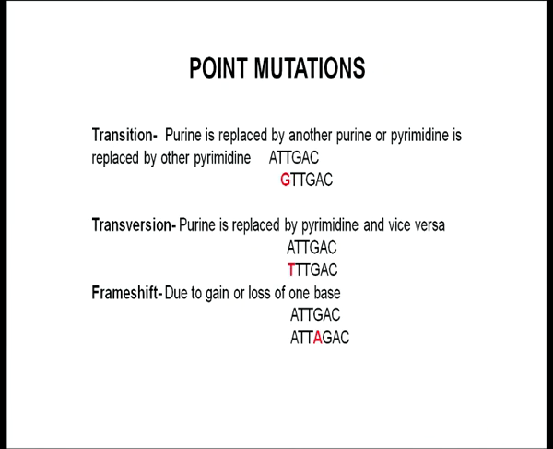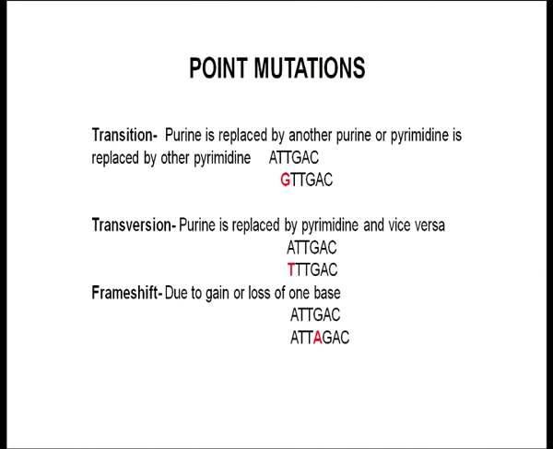Then transversion. Transversion is when a purine is replaced by a pyrimidine. As you can see, A is a purine, adenine, and it has been replaced by a pyrimidine, that is T, thymine.